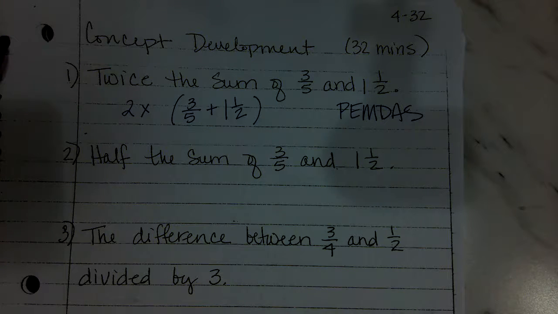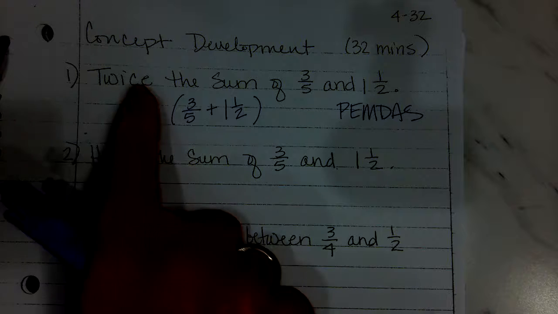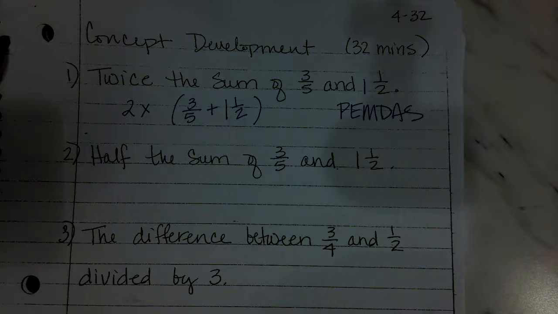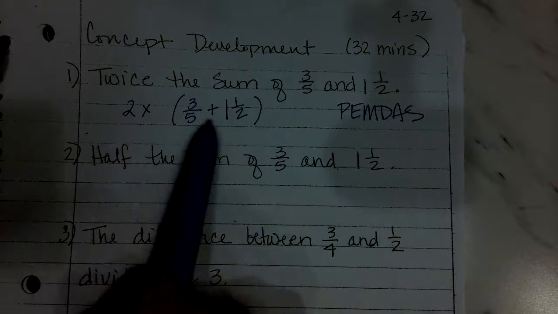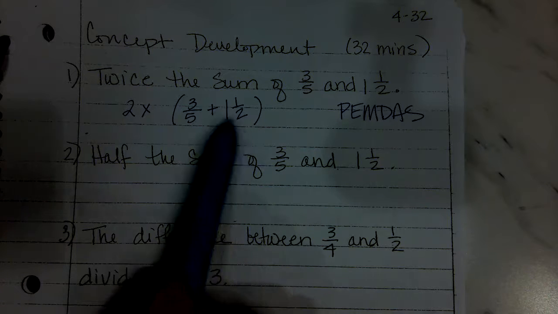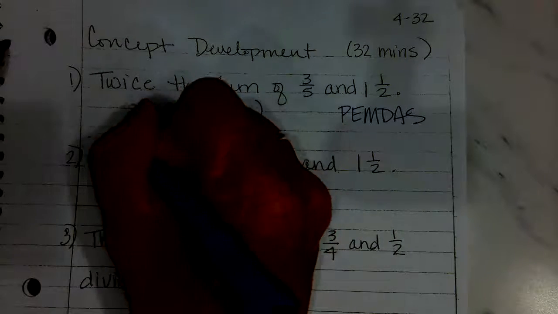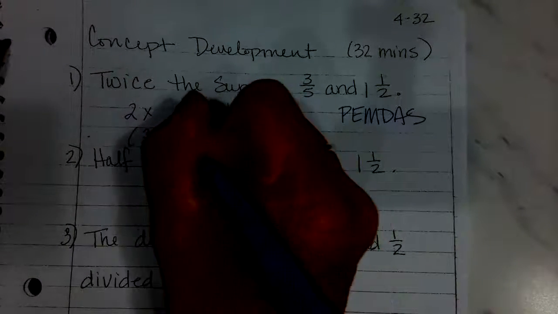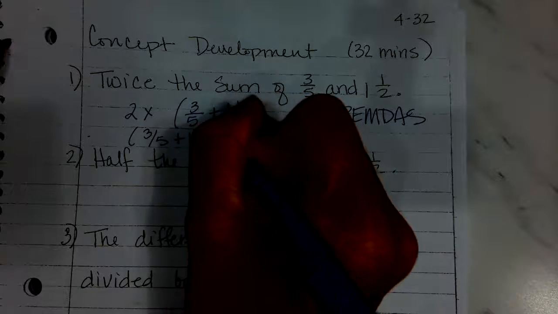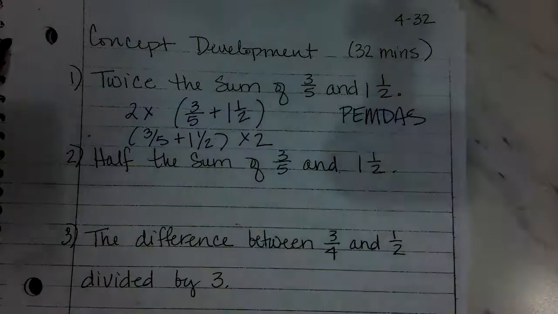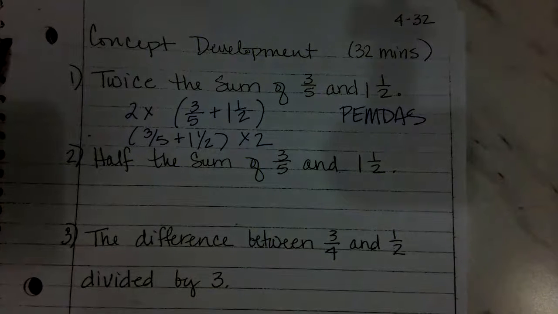This is an expression written in words, so I like to write my numerical expression in the same order that I read the words across. But if you wanted to do 3/5 plus 1.5 times 2, that is perfectly fine as well.